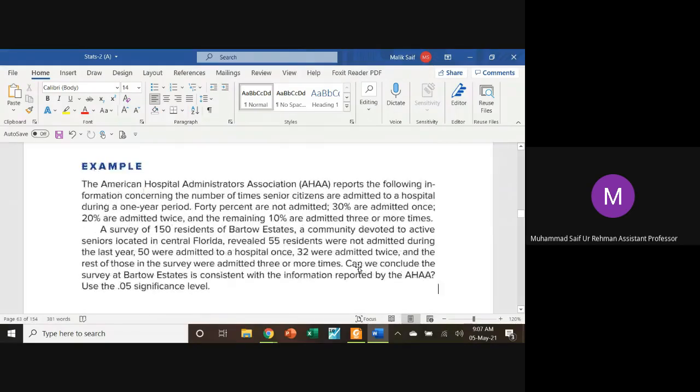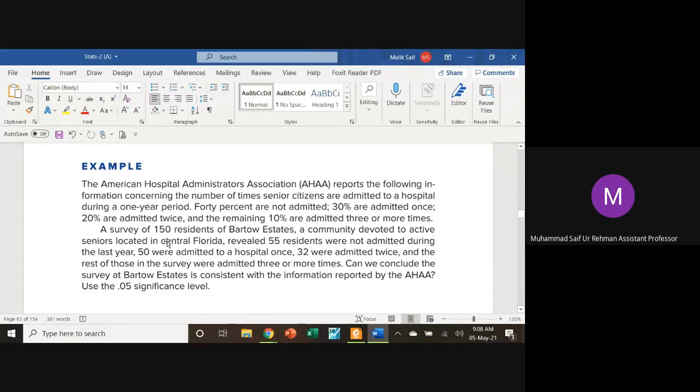The American Hospital Administrators Association reports the following information concerning the number of times senior citizens are admitted to a hospital during a 1 year period. 40% are not admitted, 30% are admitted once, 20% are admitted twice, and the remaining 10% are admitted three or more times.